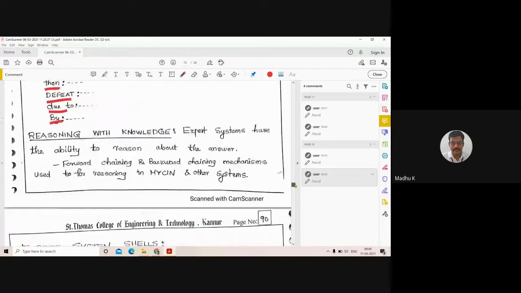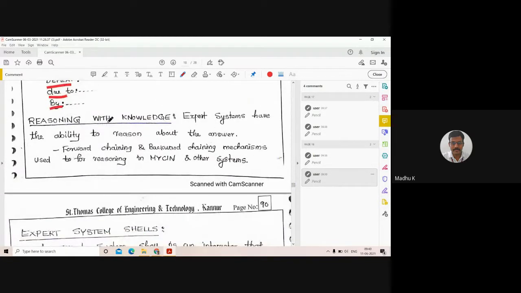Next we want to discuss reasoning with the knowledge. Expert systems need the ability to reason about the answer.